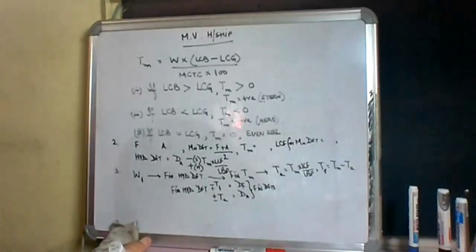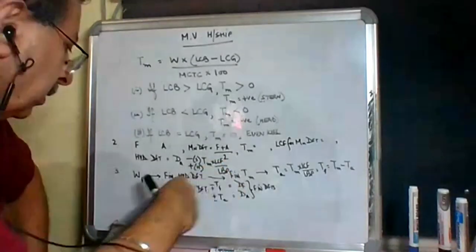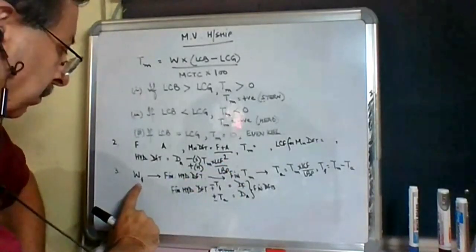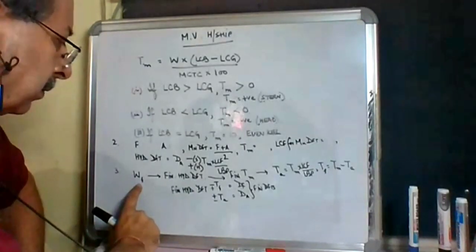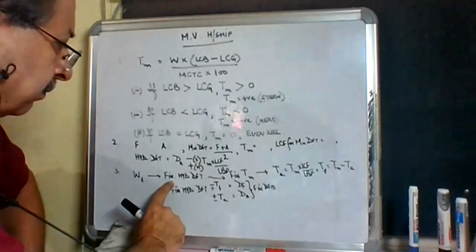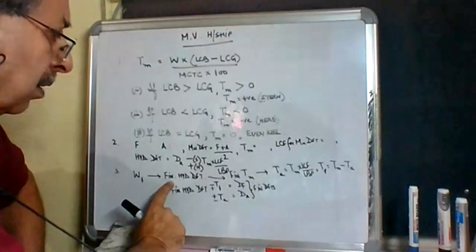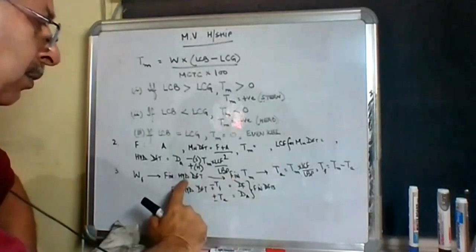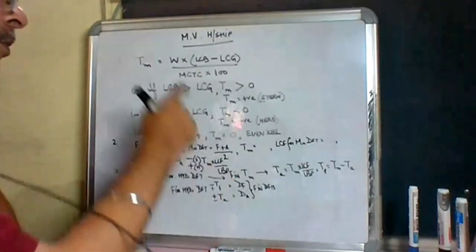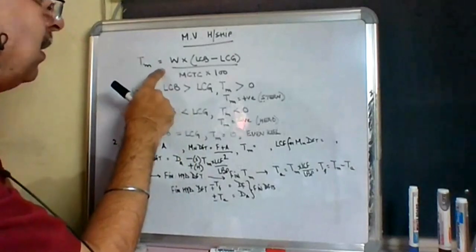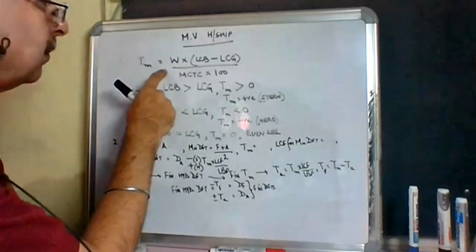Sir, what is this W final displacement? Where is W final? Final displacement. Okay, the final displacement. Corresponding to that, you will get the final hydrostatic draft. Then corresponding to that you'll find the final trim from the formula. So this can be used for initial, it can be used for final.